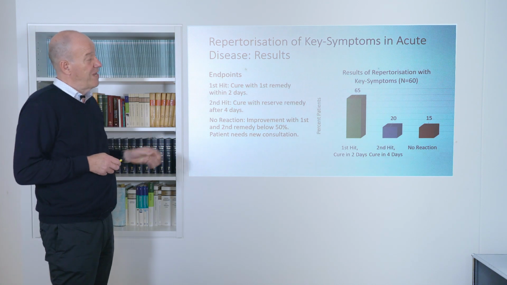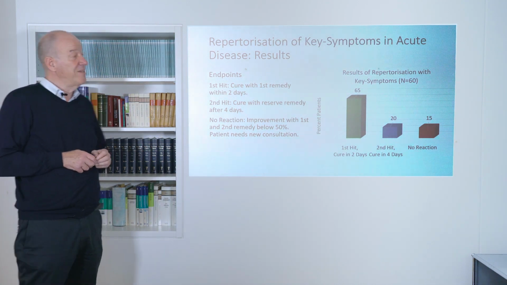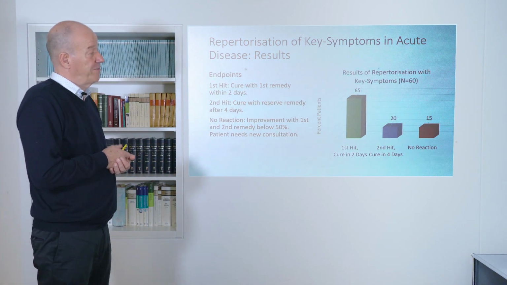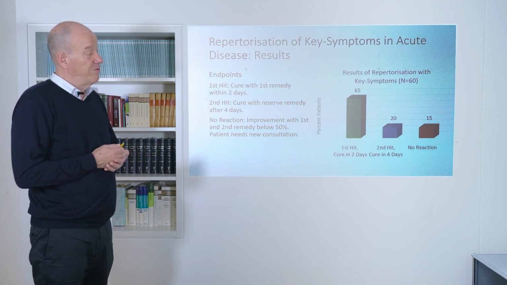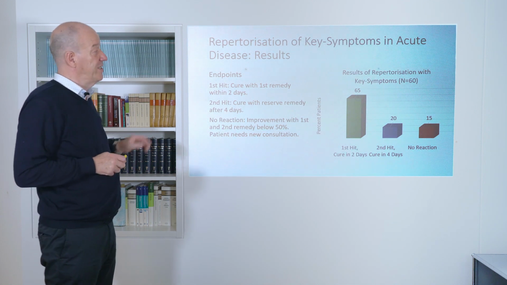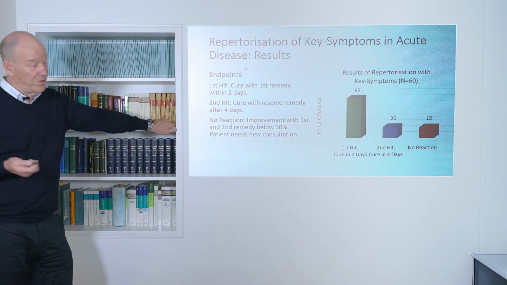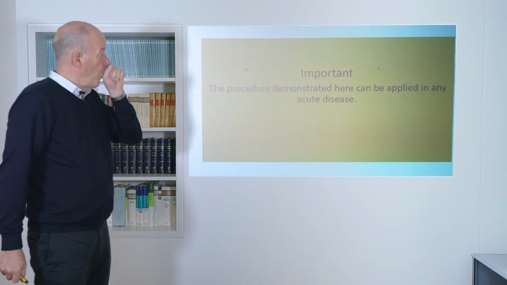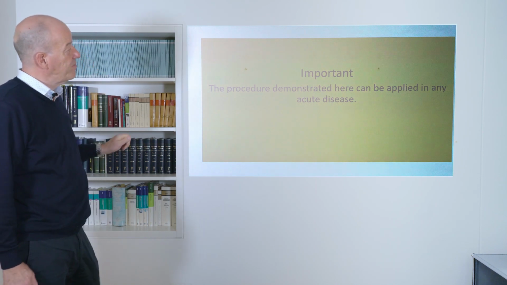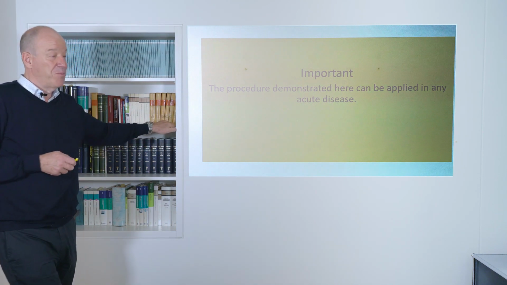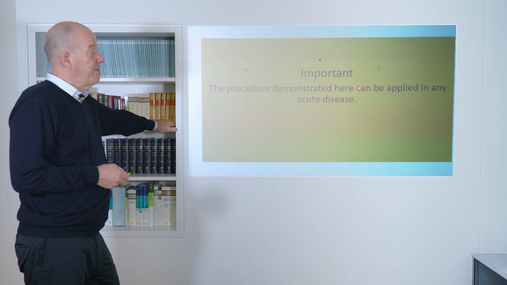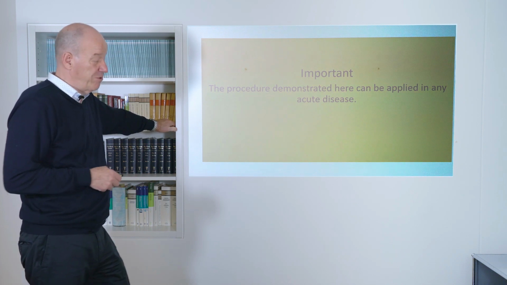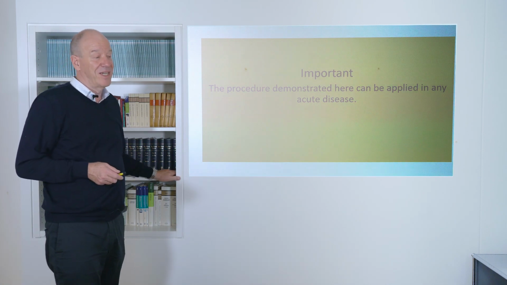That compares absolutely with a case taking where we make a more comprehensive case history using the whole checklist, not only the 30 key symptoms. It is important to know that the procedure demonstrated here can be applied in any acute disease, not just in corona cases.